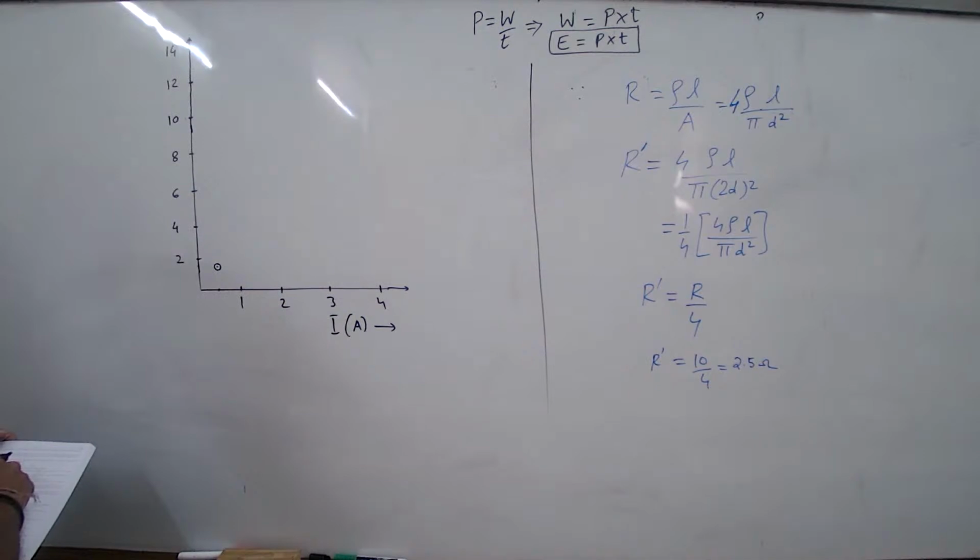This is the IV graph, right? So you have to plot I on the X-axis. Are you sure? Okay, X, Y. Now write V here.